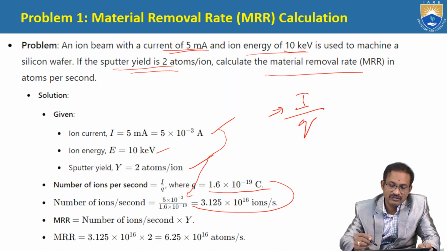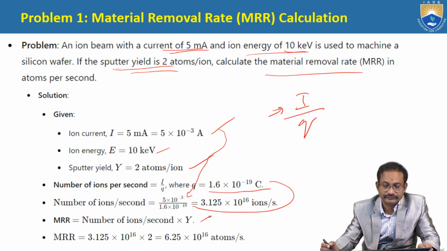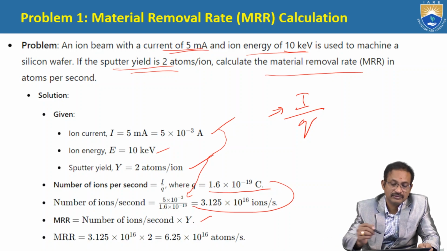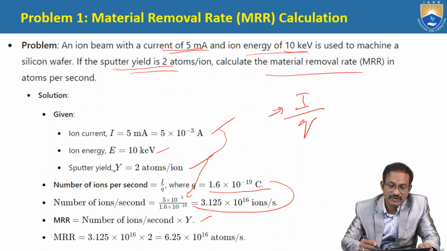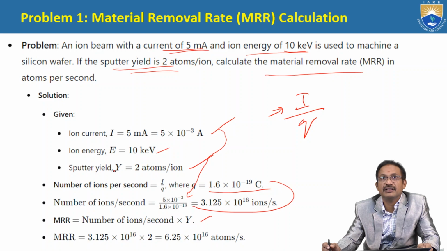Now MRR equals the number of ions per second into Y, where Y is the sputter yield. Multiply with that so that we get the MRR, the material removal rate.